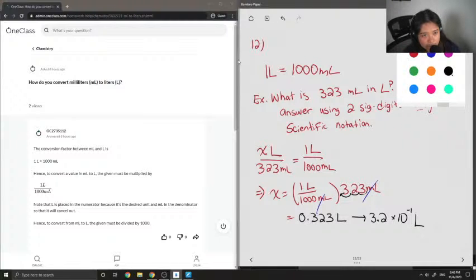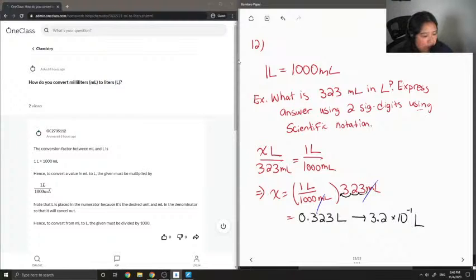So when I write scientific notation, I put my decimal after the first whole number. And then when I compare it with my actual value, I move the decimal 1 space to the left. So that's where I got 10 to the -1 from. And then that is in liters.